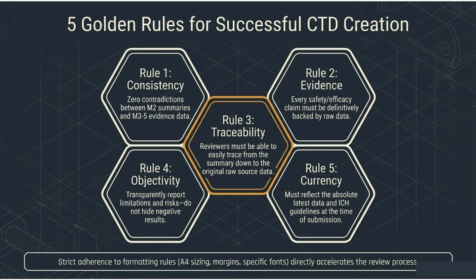Rule 3. Traceability. Reviewers must be able to easily trace from the summary down to the original raw source data. Rule 4. Objectivity. Transparently report limitations and risks. Do not hide negative results. Rule 5. Currency. It must reflect the absolute latest data and ICH guidelines at the time of submission.